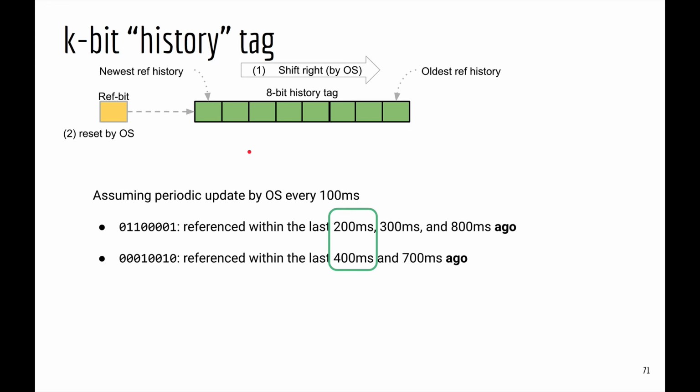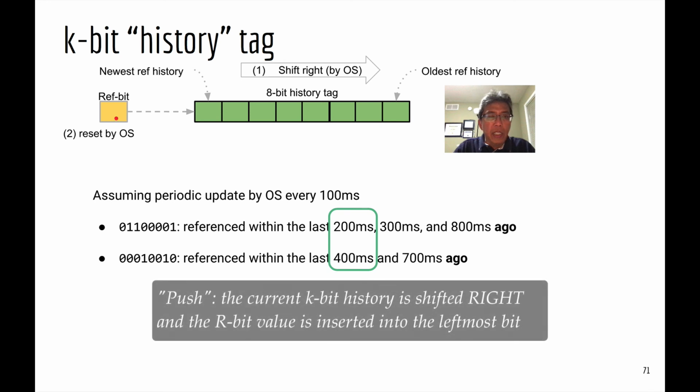Let's look at an example where we use an 8-bit history tag. In addition to the reference bit, the system will keep an 8-bit history tag for each page table entry. Remember, the hardware will set the reference bit to 1 whenever a particular page is referenced. Then periodically, the operating system will push this bit into the tag. The oldest reference history will stay on the rightmost bit, and the newest reference history will stay in the leftmost bit.